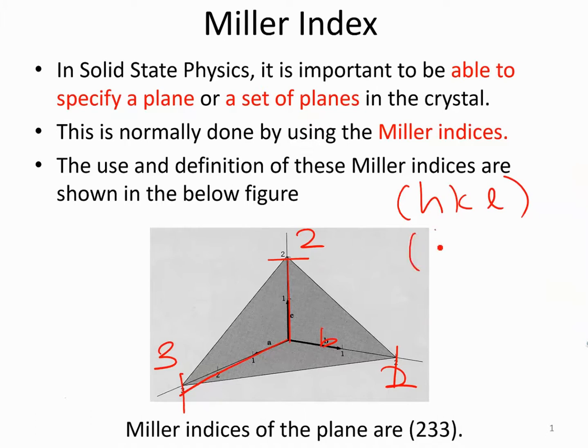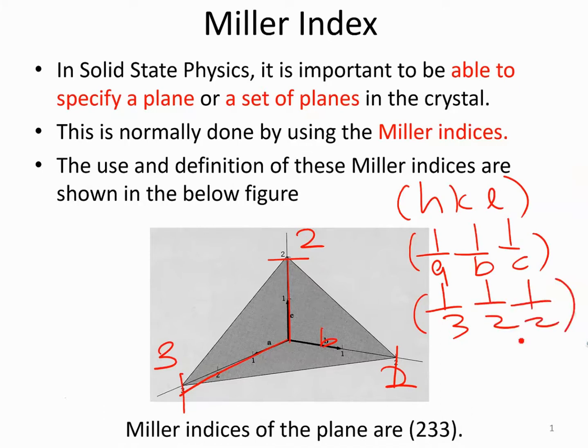We know that H equals 1 over A, K equals 1 over B, L equals 1 over C. So 1 over A is 1 over 3, 1 over B is 1 over 2, 1 over C is 1 over 2. But these are not integers, so we have to multiply all these numbers by 6. 6 times 1 over 3 gives 2. 6 times 1 over 2 gives 3. 6 times 1 over 2 gives 3. So the Miller index for this plane is (2 3 3). Easy, right?